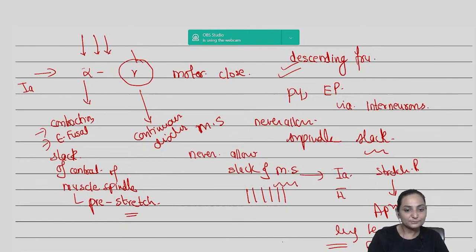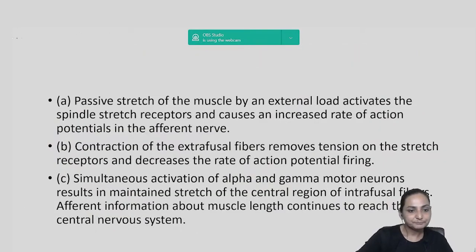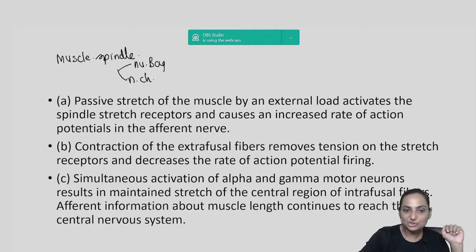So what did we learn today? We learned today the structure of the muscle spindle, right? The number of the muscle spindles, how they vary with the precision of the work. It has got nuclear bag fibers, nuclear chain fibers, its afferents which are 1A and type 2, its efferents which is A gamma, right?